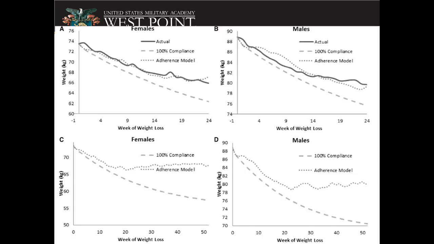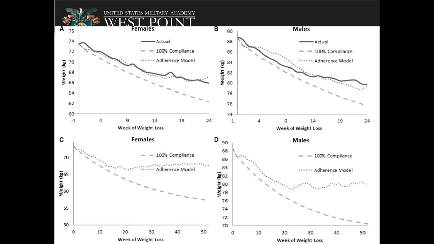What's more likely is what Klaus Westerter was saying, that it's an intermittent loss of adherence, that we are not every day eating the same foods. So when we derive these mathematical models, we assume that you're eating the same amount every day.